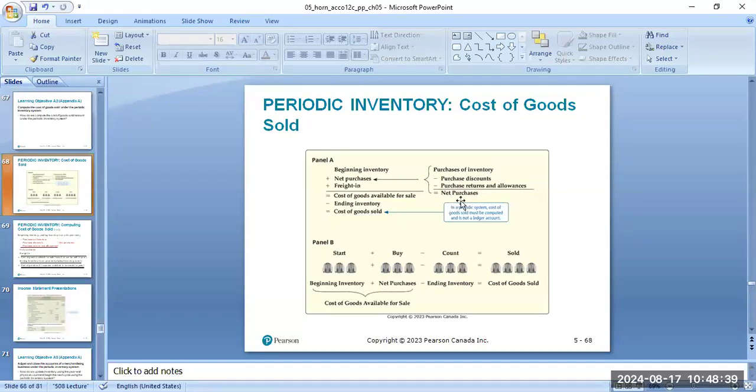That's going to give us net purchases. We add the freight-in, and we get the cost of goods available to sell. Once we deduct the ending inventory, we get the cost of goods sold.